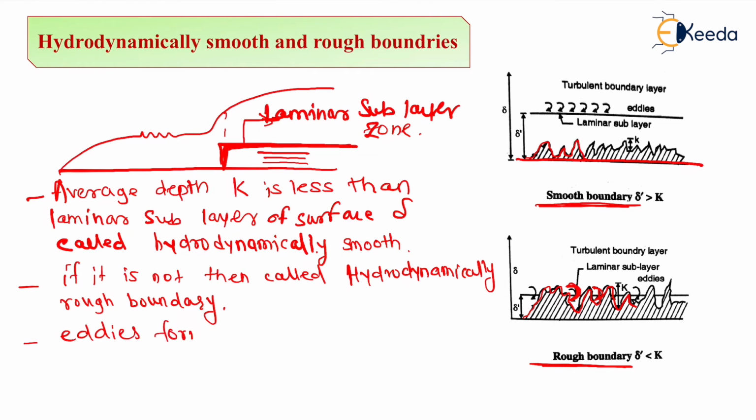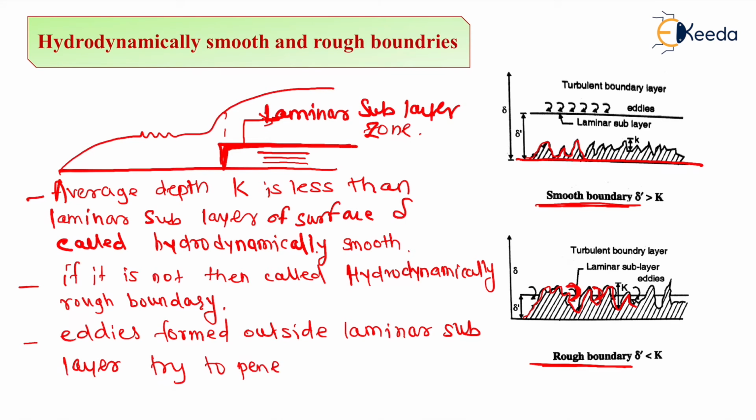Eddies formed outside the laminar sublayer try to penetrate the laminar sublayer, but cannot reach the surface in case of smooth boundaries.